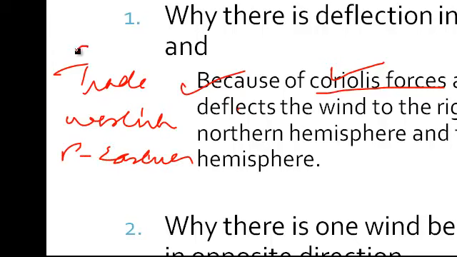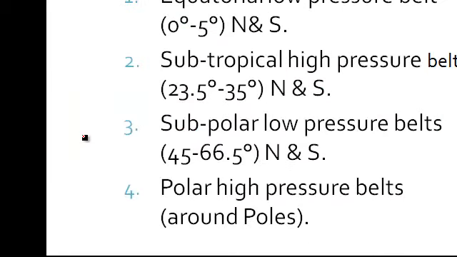In the northern hemisphere, similarly in the southern hemisphere, there are trade winds, westerlies, and polar easterlies. But to understand these wind belts, we need to understand the pressure belts of the earth. So let's talk about the pressure belts. First of all, how many belts are there? You know, there are a total of 7.